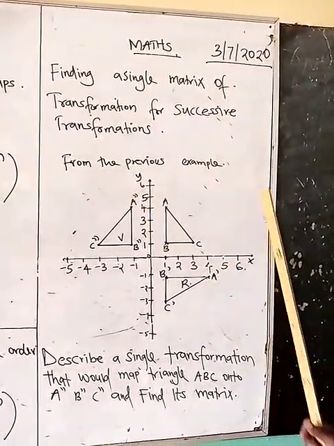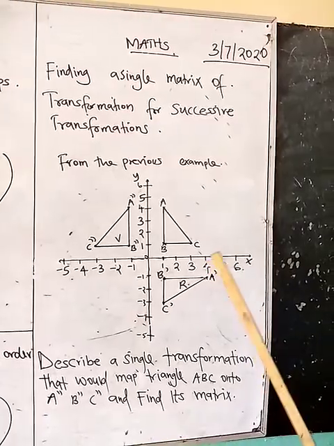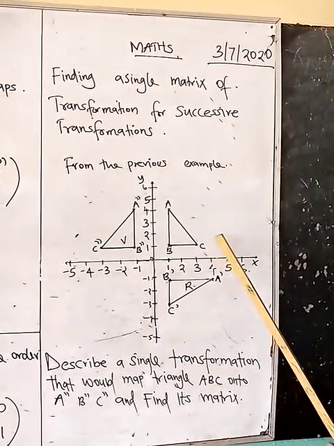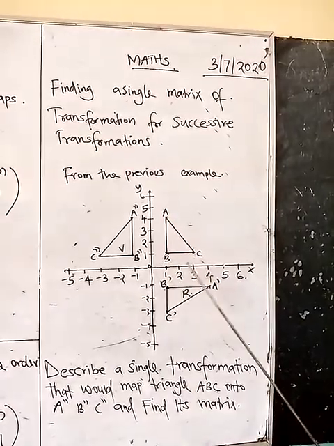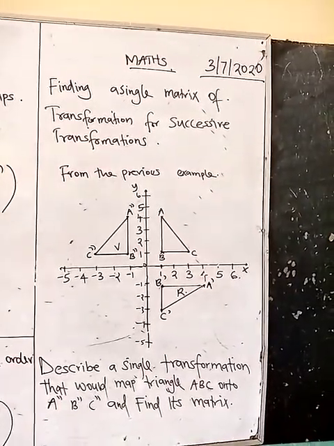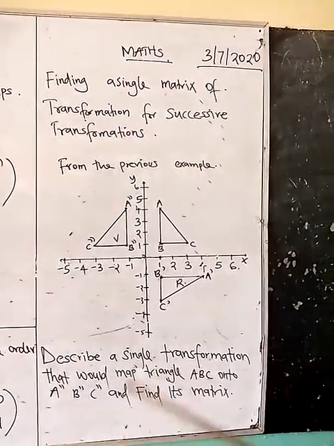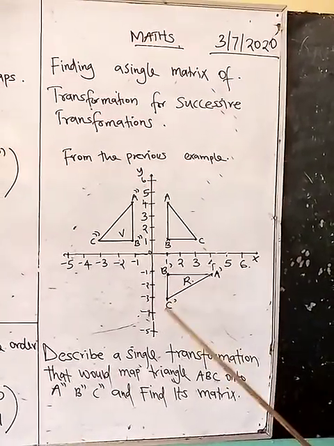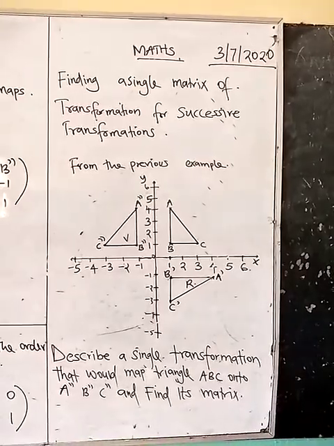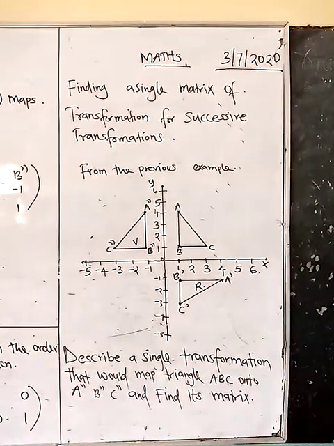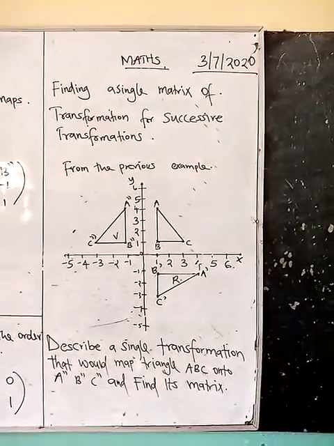From the previous example that we did last, we saw that triangle ABC was mapped onto triangle A prime, B prime, C prime by a negative quarter turn about the origin.